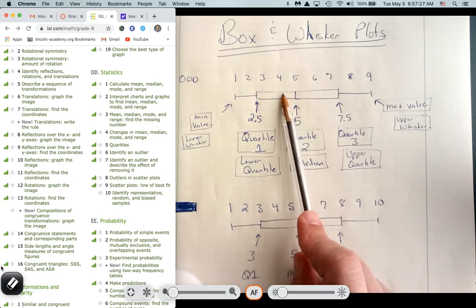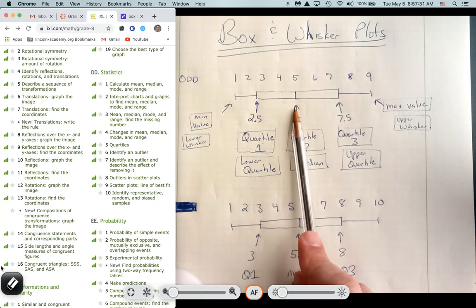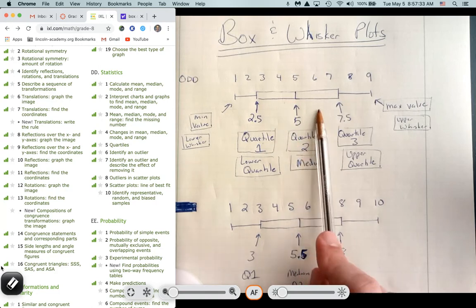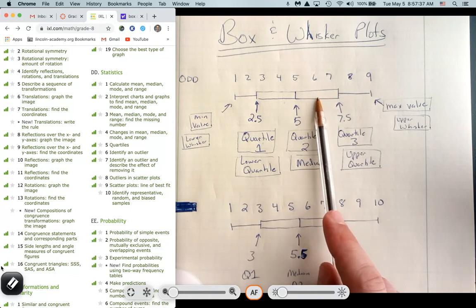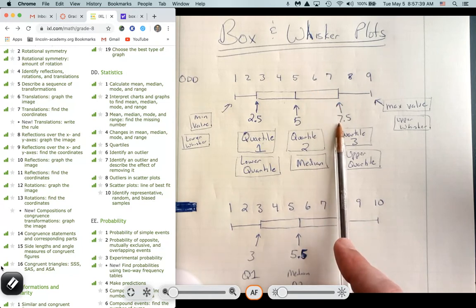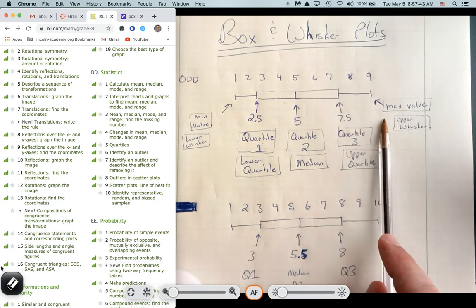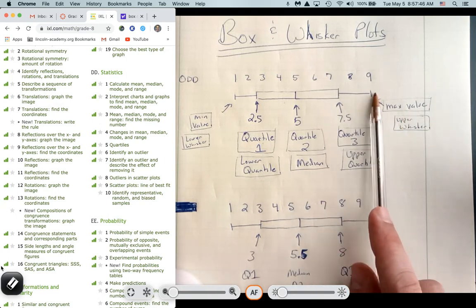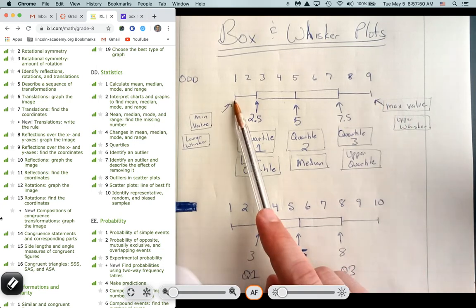So that's the second quartile, but we always use that ending value for the second quartile. And then a fourth of the numbers will be in this quartile, which is quartile 3, which ends at 7.5. And then we have our fourth quartile, which basically ends at our maximum value, which is the end of what we call our whisker. It's our upper whisker. And this one down here is our lower whisker.